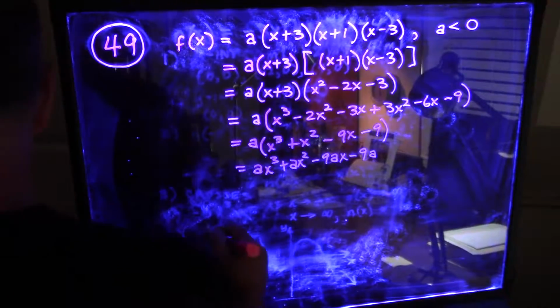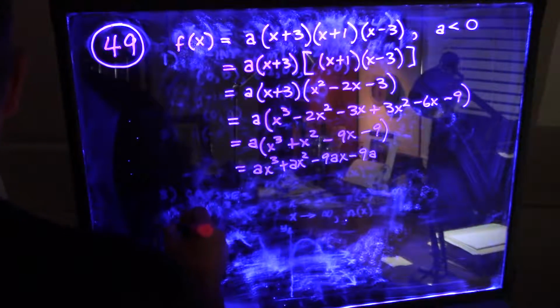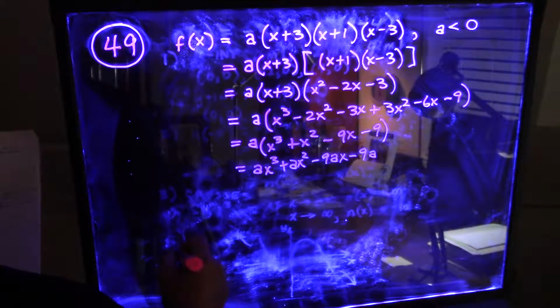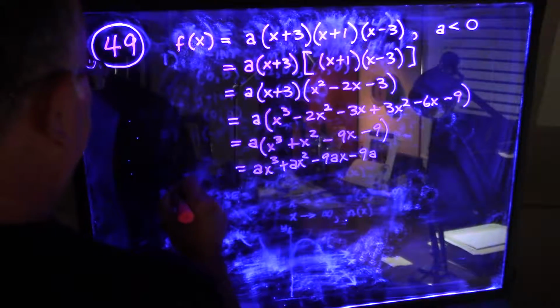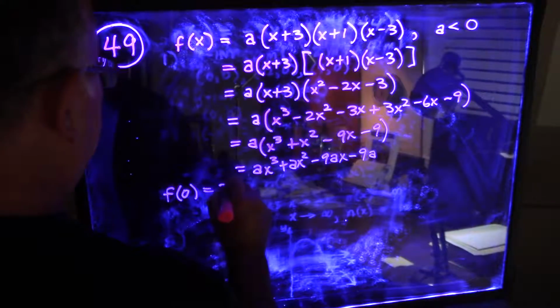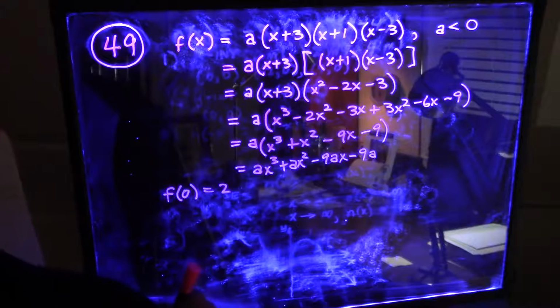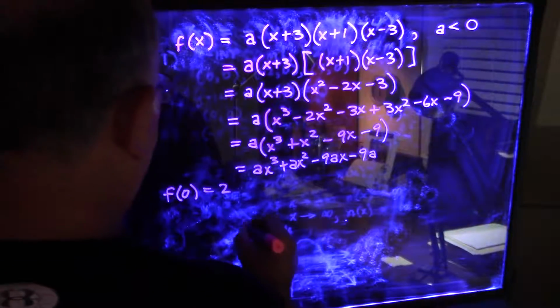So for f of 0, you can see on the graph the y-intercept is f of 0, and that equals 2. So you use that fact to find out what a equals. So what is f of 0?